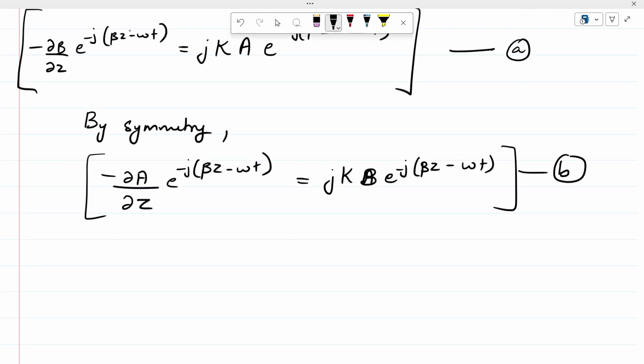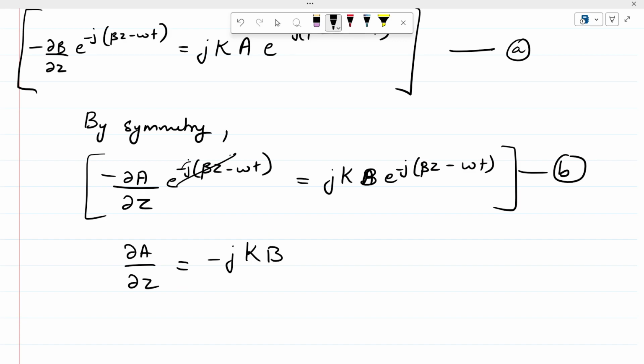So I can simplify it further by just multiplying by this part, then we have ∂A/∂Z equal to minus jκB.